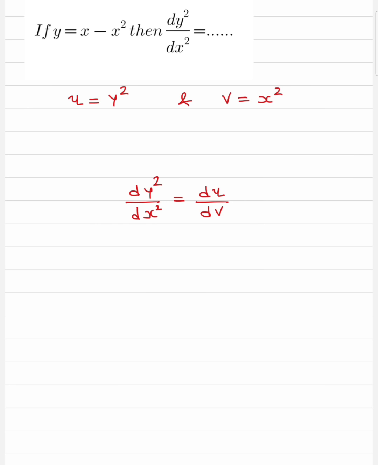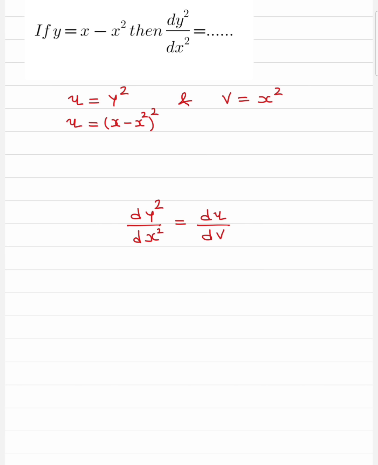So we need to find du upon dv. Here given that y equal to x minus x square, so here u equal to (x minus x square) whole square, right? And here v is x square only.